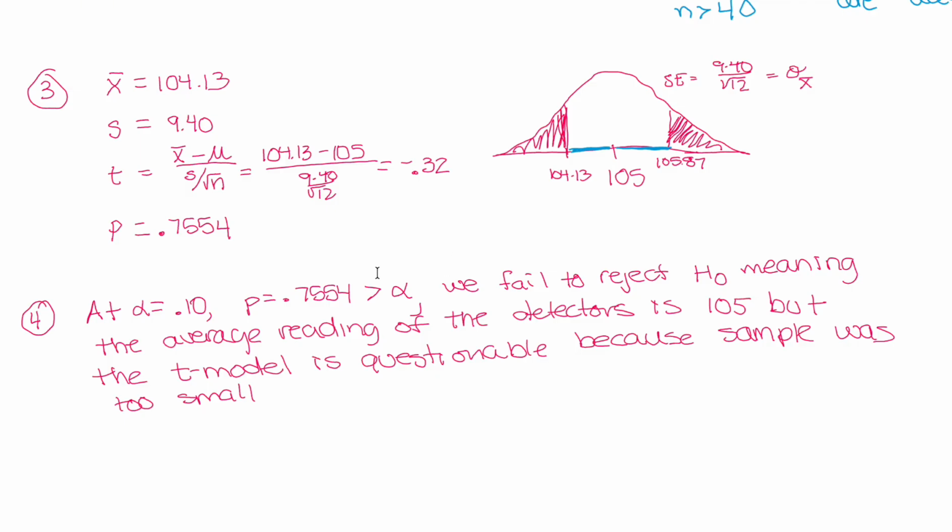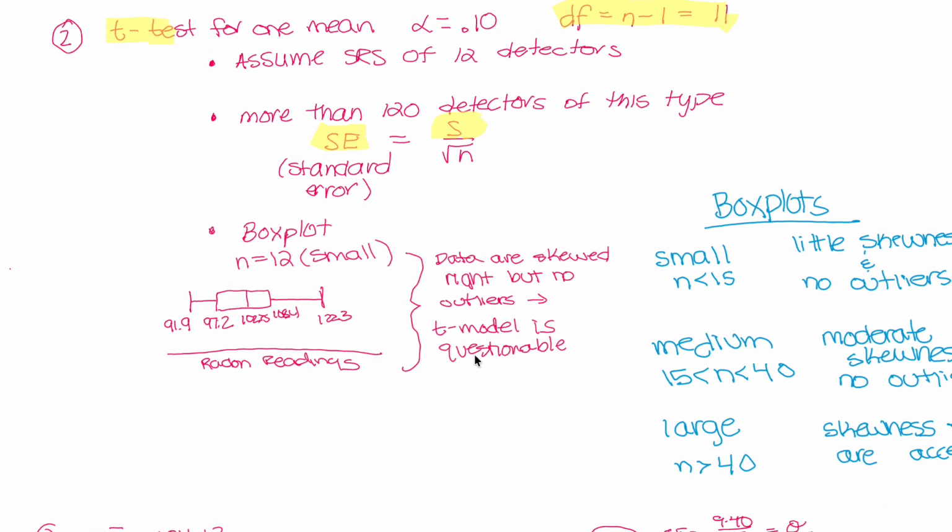So last but not least, part 4, we're going to conclude. At alpha equal to 0.1 level, p is equal to 0.7554, which is greater than alpha. We fail to reject the null hypothesis, meaning the average reading of the detectors is 105, but the t-model is questionable because the sample was too small. So remember in part 2, we said the t-model is questionable because the data are skewed right and the sample size is only 12, which is small.